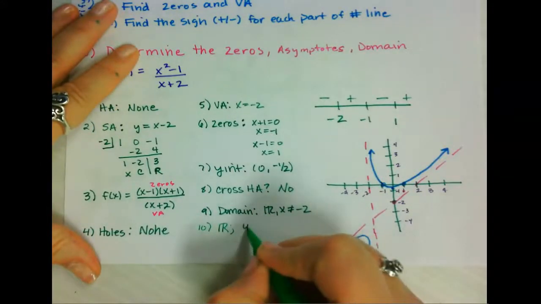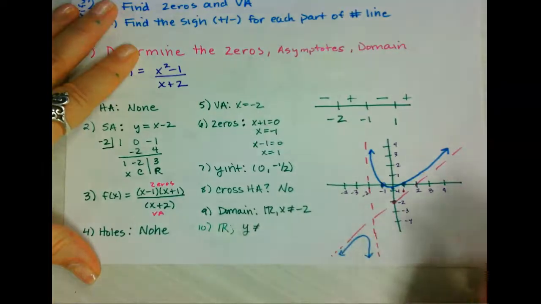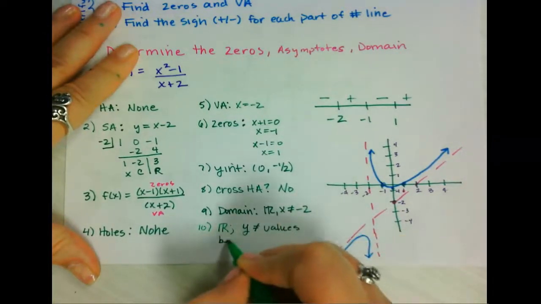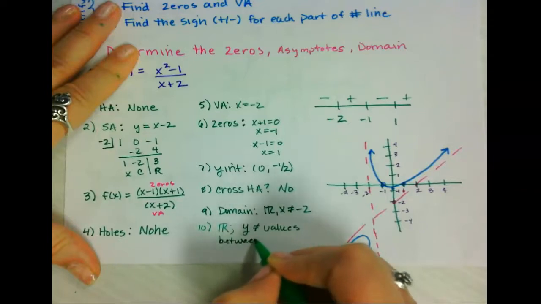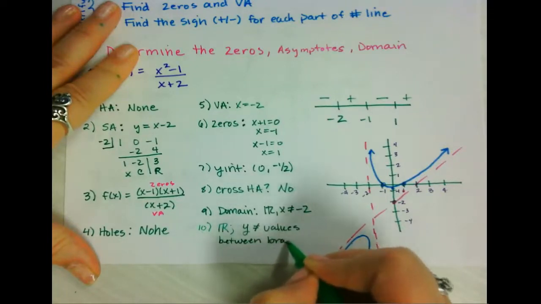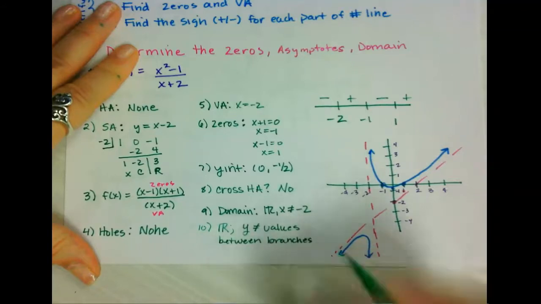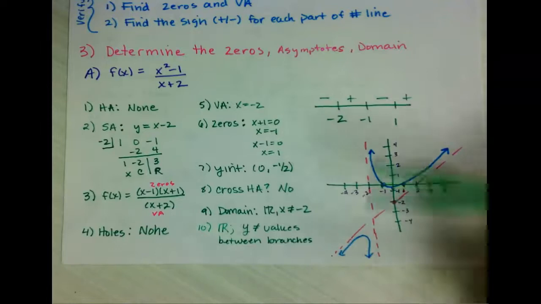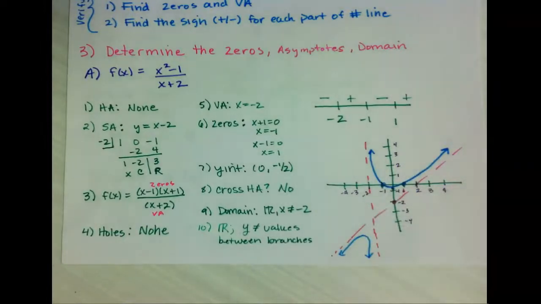So I'm going to say the y's can't equal the values between the branches. And we just have to describe it like that because I don't know how to make this calculation yet. And you can see a whole lot of points there that would not be included.